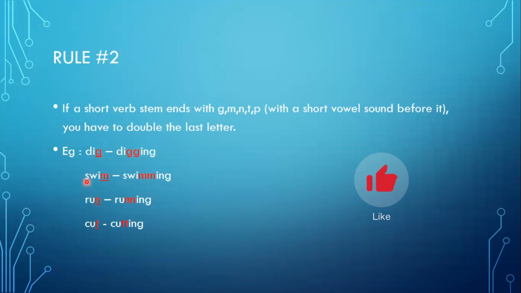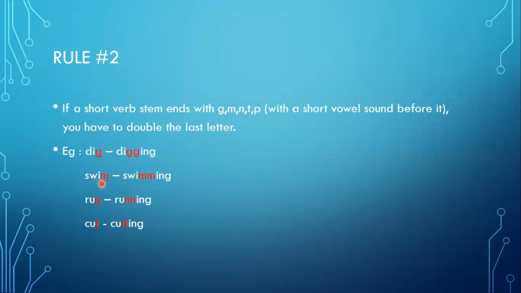Swim. It's a short verb stem and it ends with M. Before it, there is a vowel letter and the sound is also a short sound. Swim. E. Only E is there. We do not drag the vowel sound there.